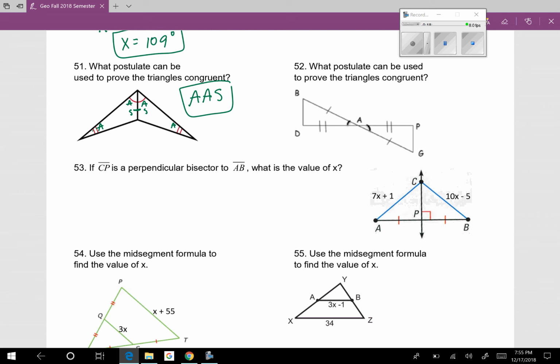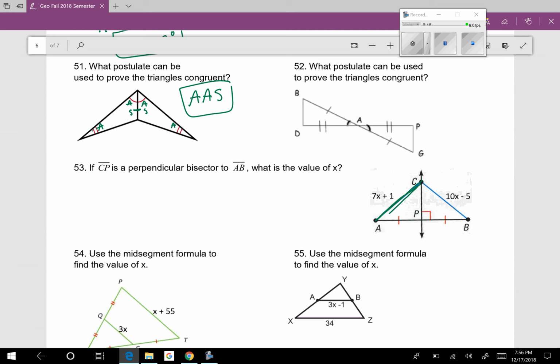All right, 53. If CP is a perpendicular bisector of AB, what is the value of x? Okay, if you have a perpendicular bisector, you automatically know that CA and CB are congruent to each other. So 7x plus 1 is equal to 10x minus 5.